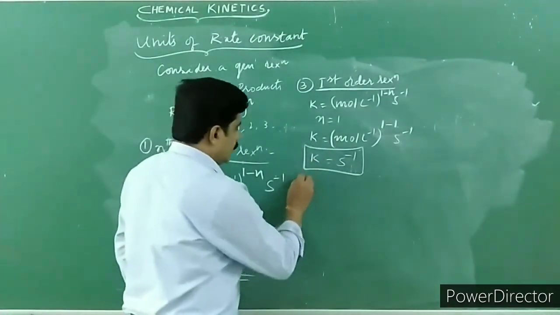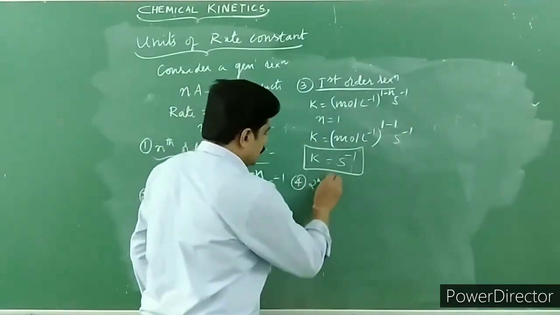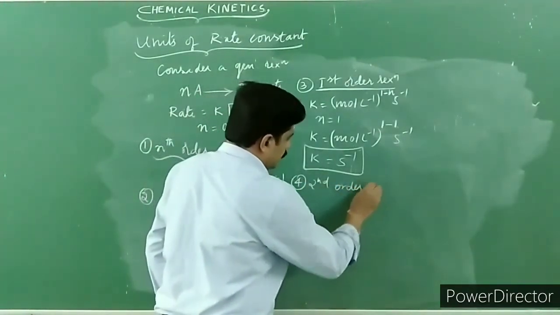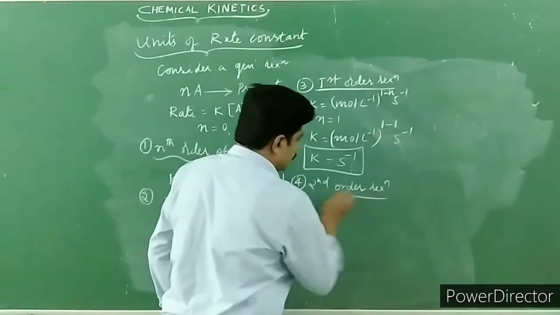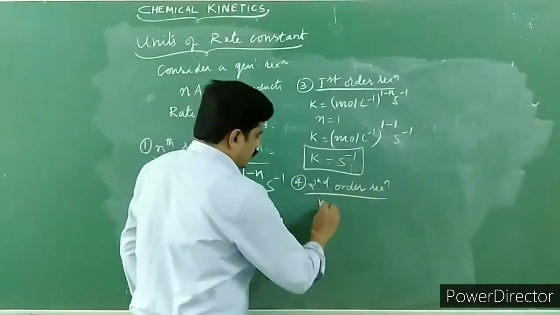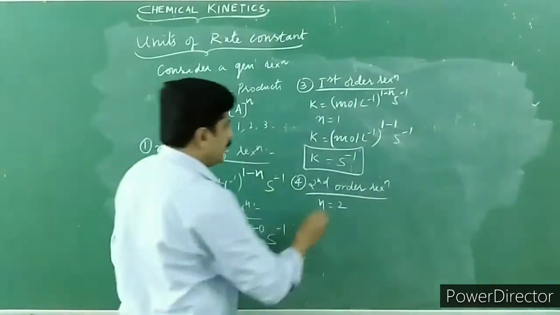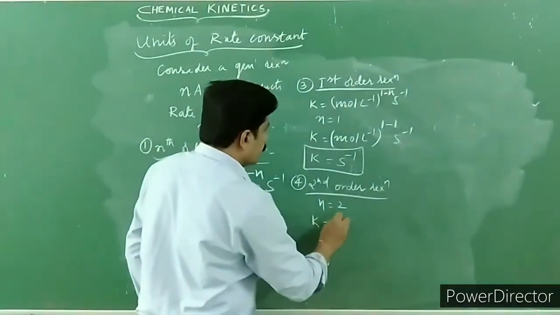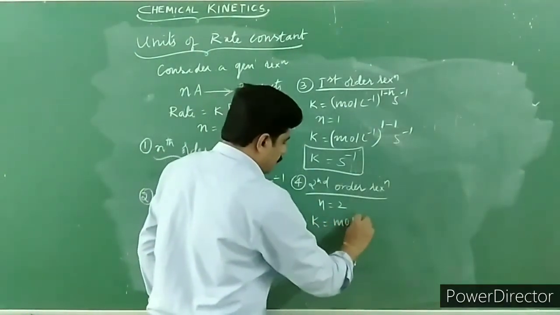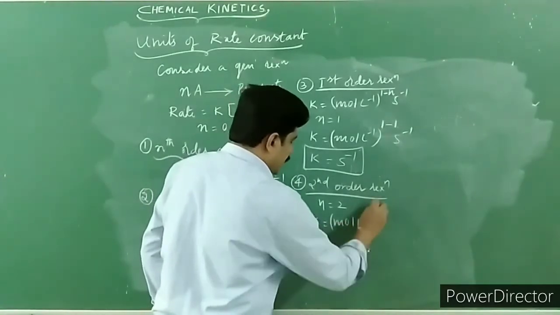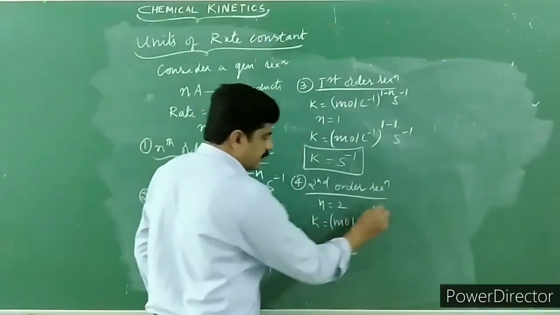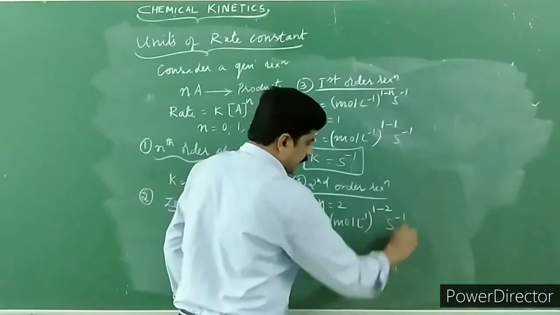Okay, the fourth one, second order reaction. Now n is equal to how much here? n is equal to 2 for second order reaction. How do I write? K is equal to mole per liter raised to 1 minus n, n is equal to 2, per second.